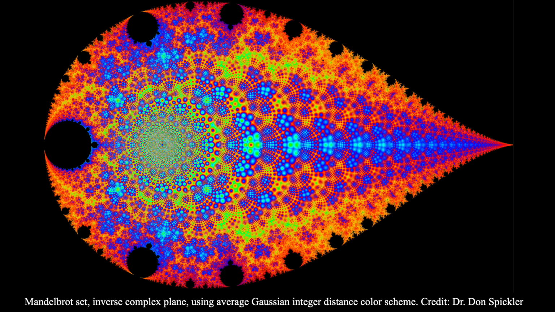This is the Mandelbrot set shown on the inverse complex plane, and this was produced using a fractal generator that was made by Dr. Don Spickler. In this, Dr. Don Spickler used the average Gaussian integer distance color scheme to produce these color patterns.